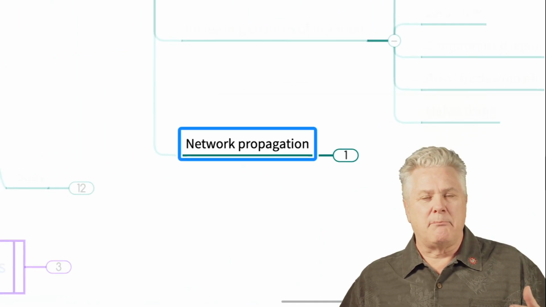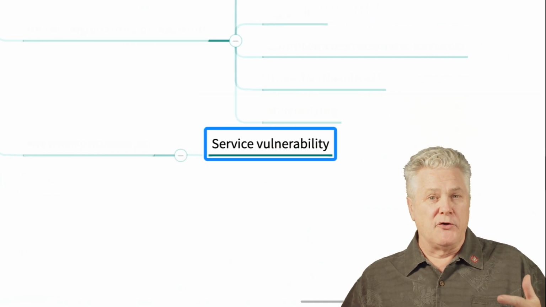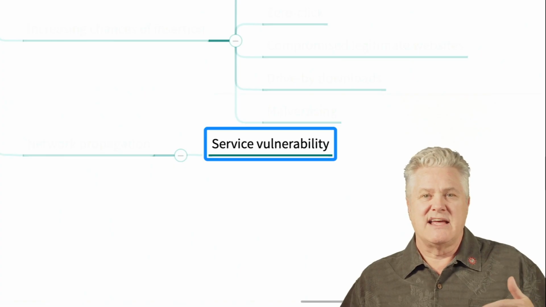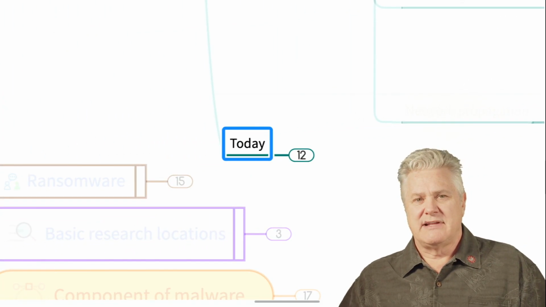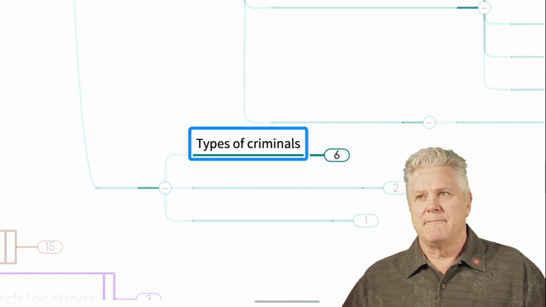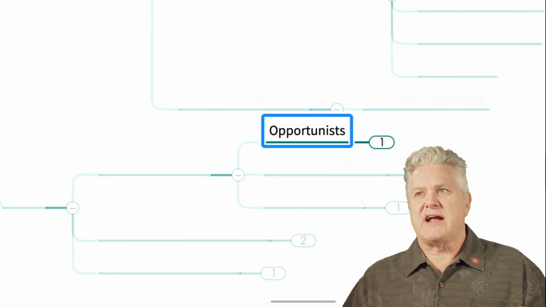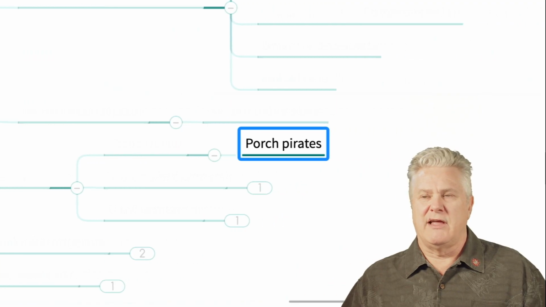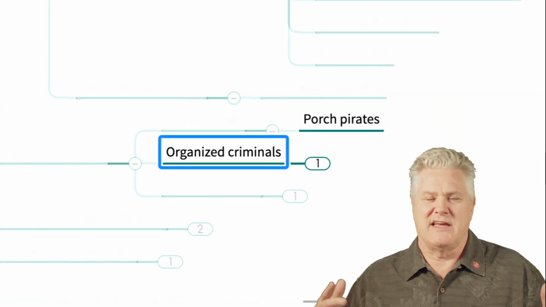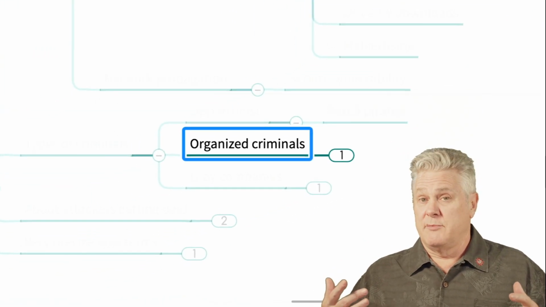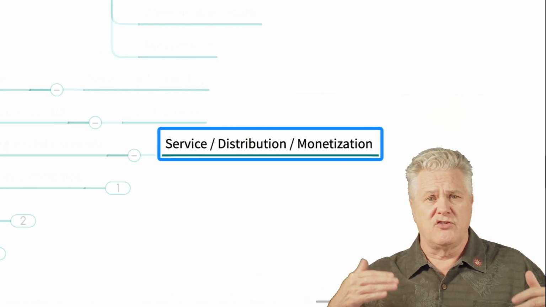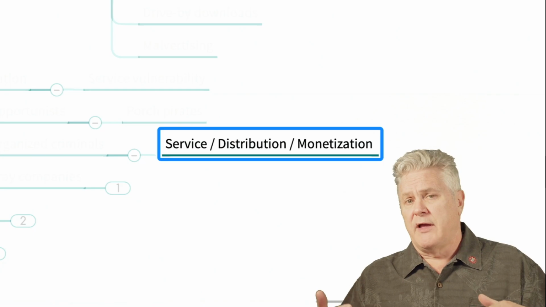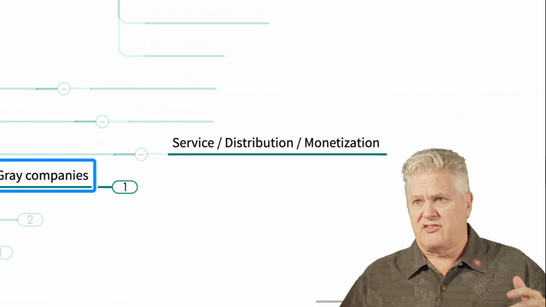Lastly, there's network propagation, which is a vulnerable service that has been attacked, and the adversary is sitting on that service. Today, with malware, the type of criminals that we're attracting are people who are opportunistic, like porch pirates, or organized criminals. These people really do know what they're doing. They understand service, distribution, and monetization. I'll explain ransomware as a service in the next section.